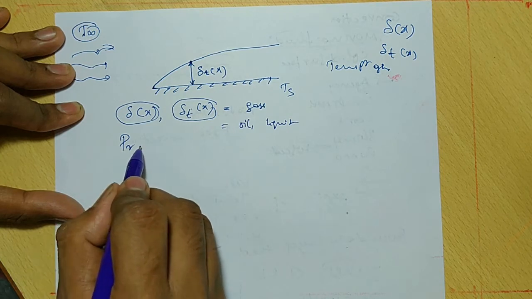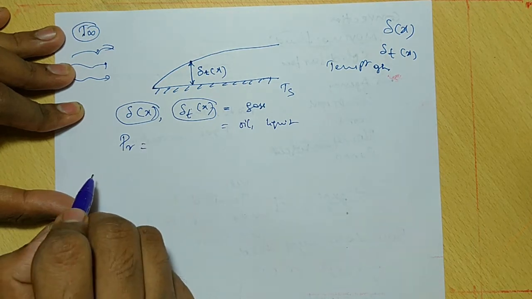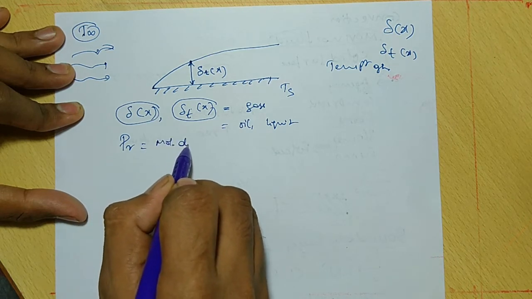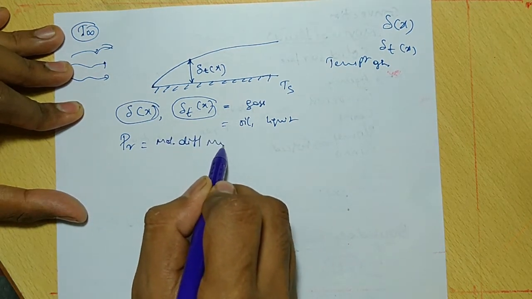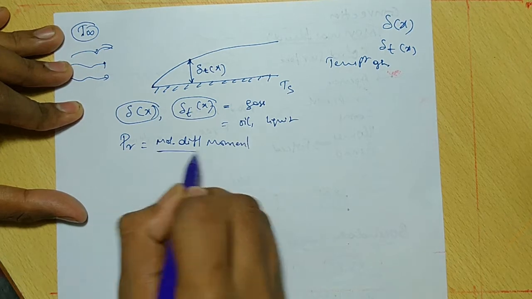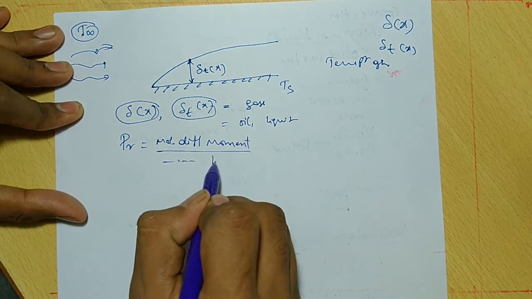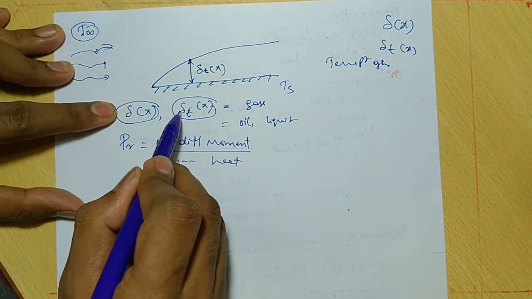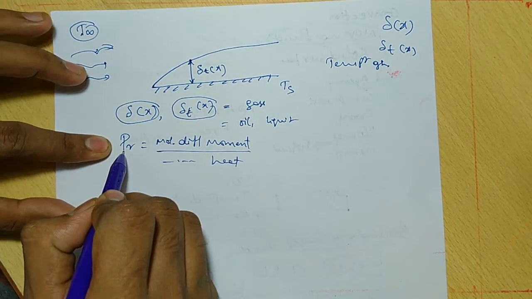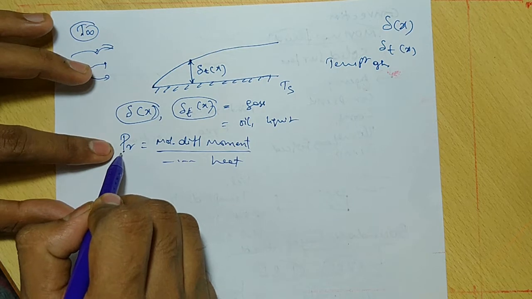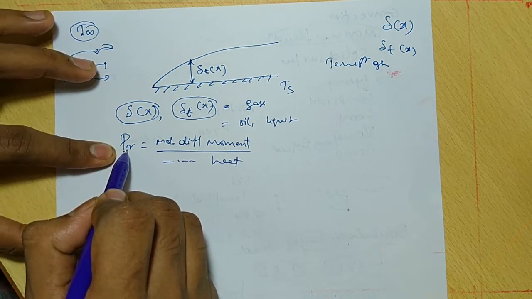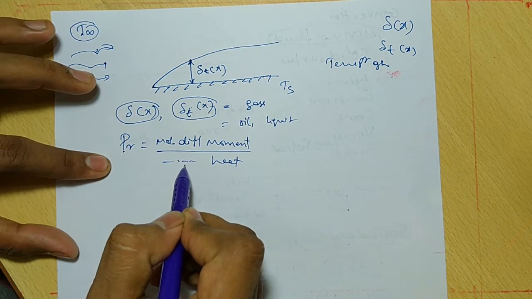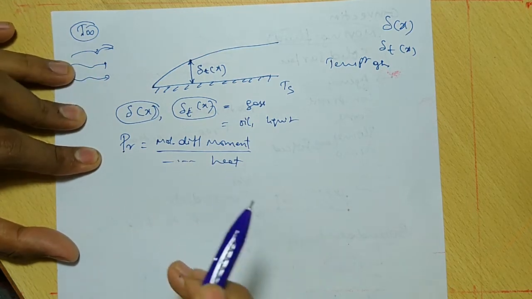The Prandtl number is defined as the ratio of molecular diffusivity of momentum to molecular diffusivity of heat. This is a dimensionless number.